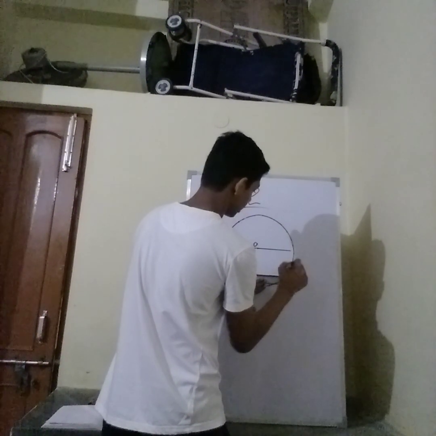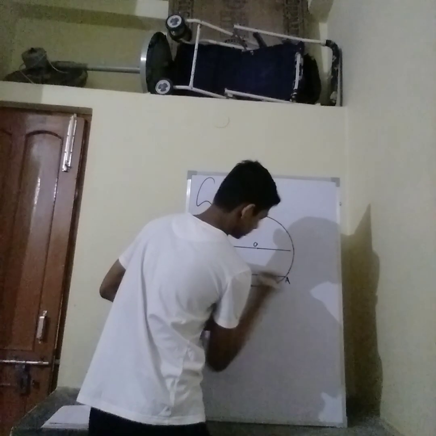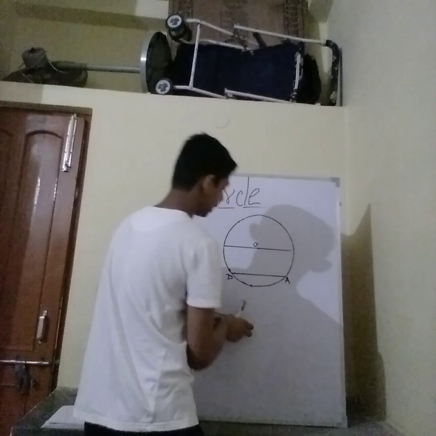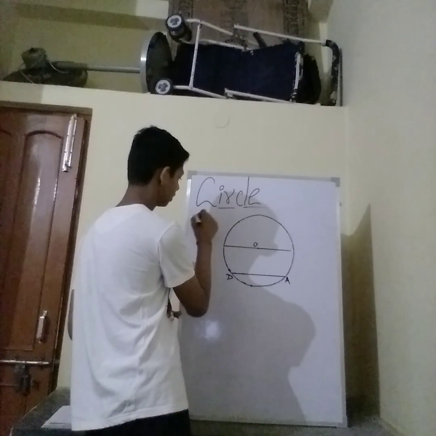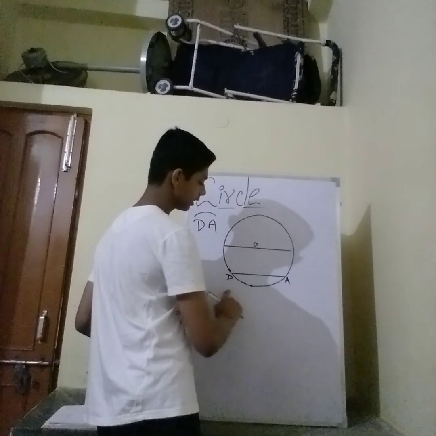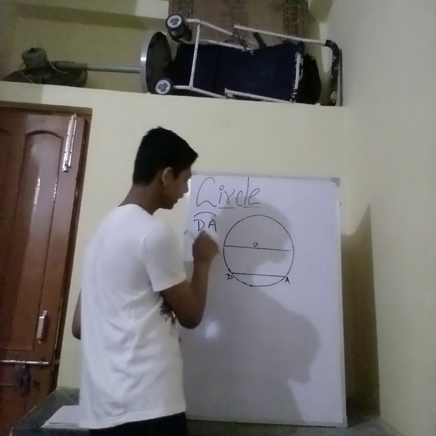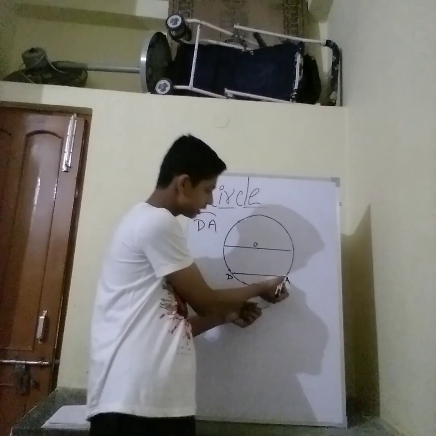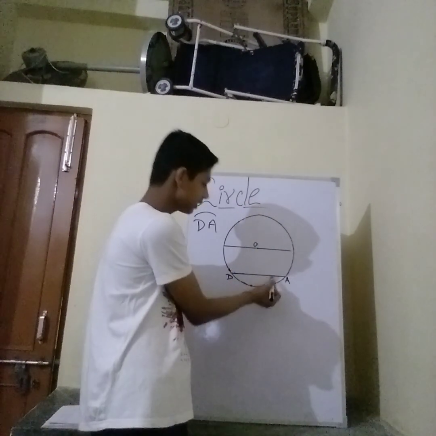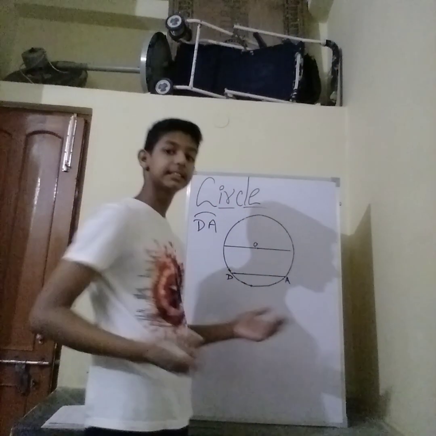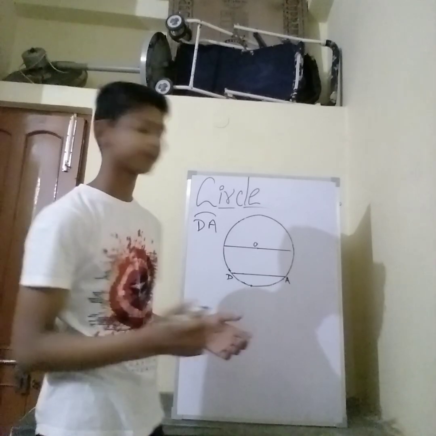Suppose this is a chord, and it has an arc DA, and the chord joins D and A. This area is called a segment of a circle.